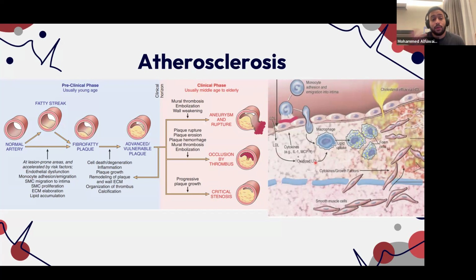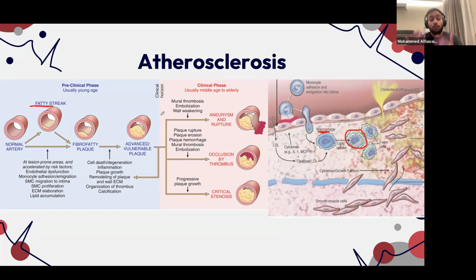Once it gets taken up by macrophages, the macrophages won't be able to break it down, so it will stay inside the macrophages, forming what we call foam cells. This process actually happens very early on in life, and this is what we call a fatty streak, when it's just foam cells, just lipids in the subendothelial space.